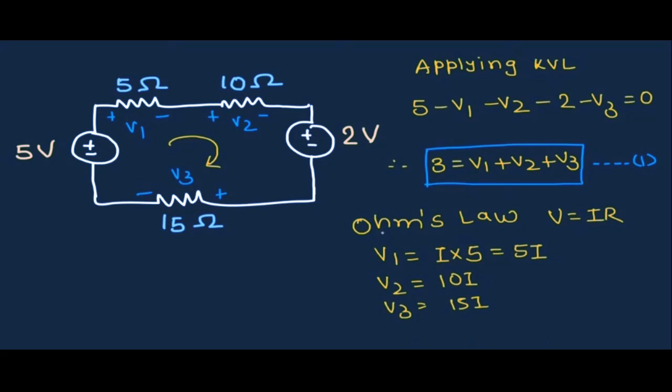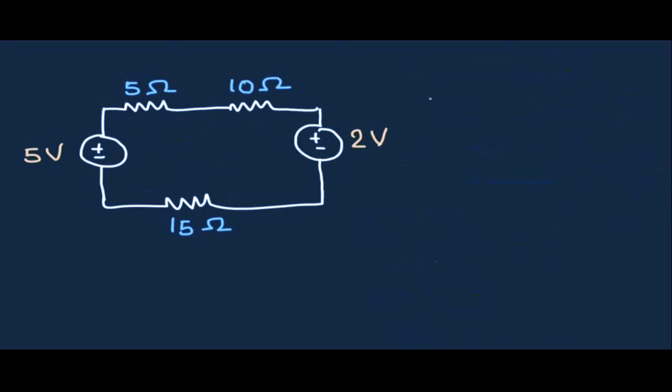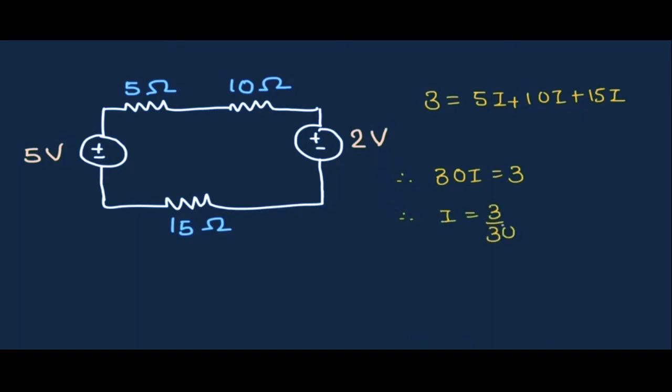We can substitute the values of V1, V2 and V3 in equation number 1. So we will get 3 is equal to 5I plus 10I plus 15I. That means 30I is equal to 3, so I is equal to 3 divided by 30, that is 0.1 ampere.